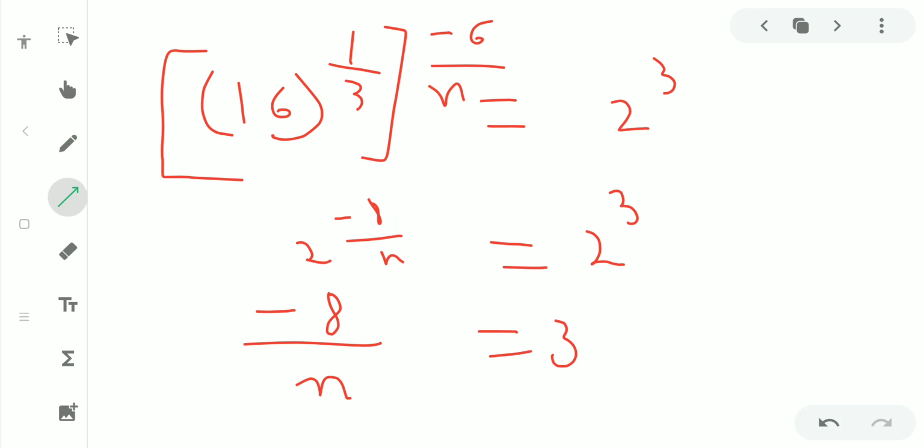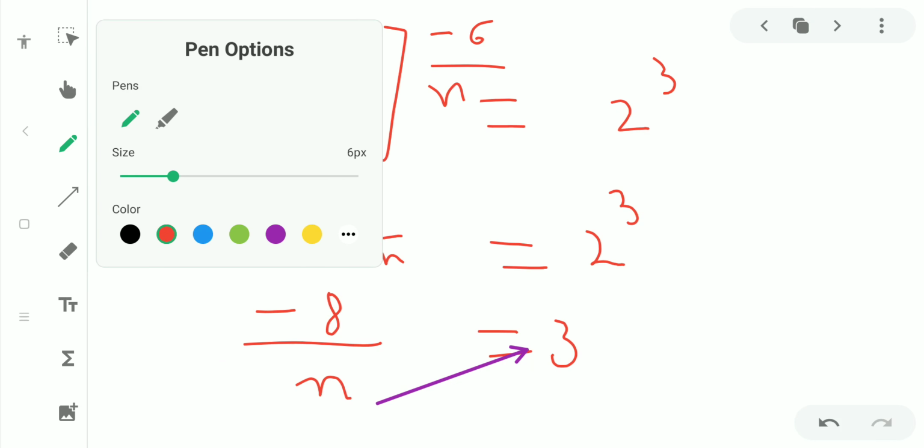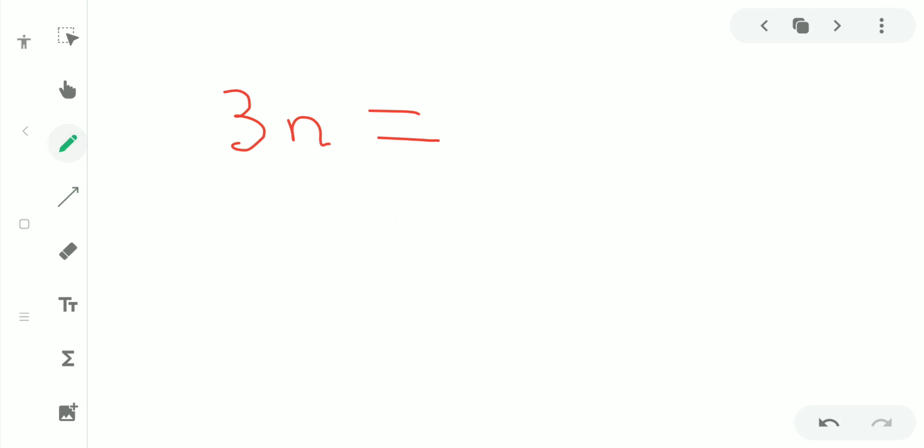So on cross multiplying, you will have 3n is equal to minus 8. So n is equal to minus 8 by 3.